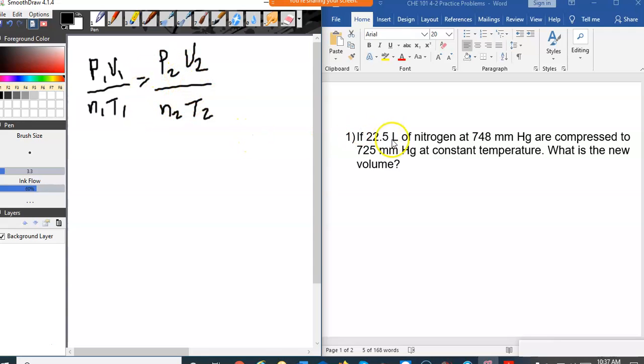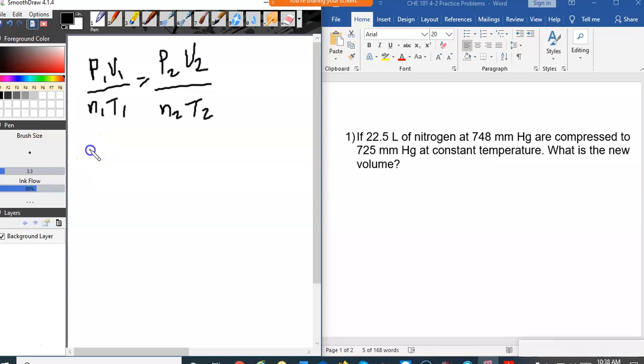Like in this question, I have a volume and a pressure. I don't have any information about moles or temperature, so those are not included in the problem. I just ignore them. So my equation is P1 V1 equals P2 V2. Does that make sense? Yep, makes sense. So it's basically a Boyle's law problem at that point.